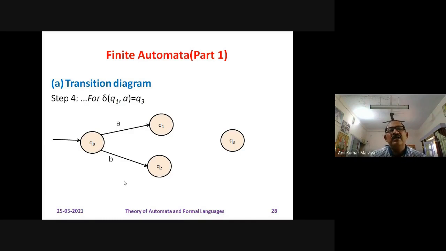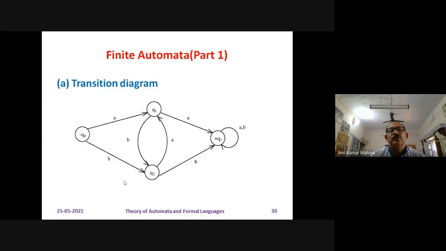Now we can draw an arc from state Q1 to state Q3 labeled A this way. And repeat this process for all entries of the table. You can get this diagram, and this is called a transition diagram. Okay.